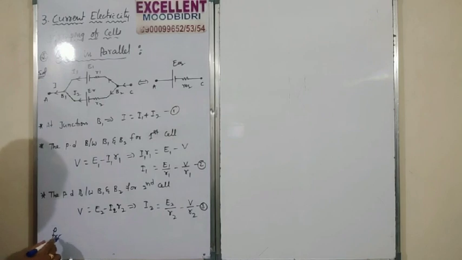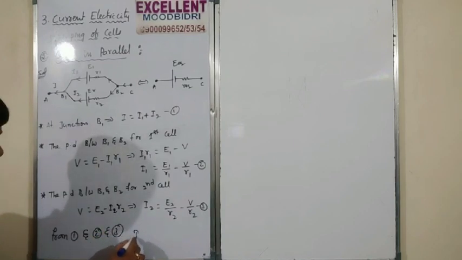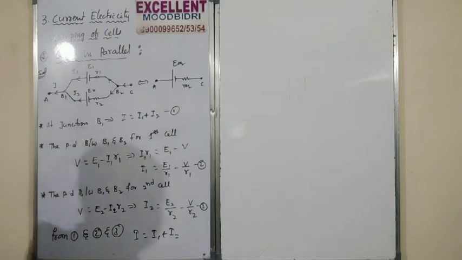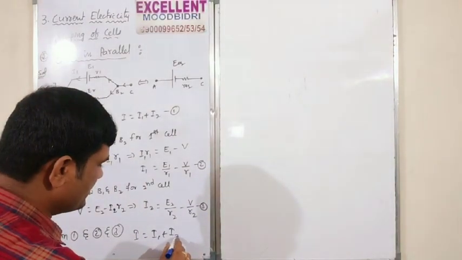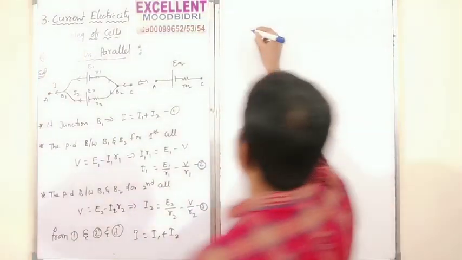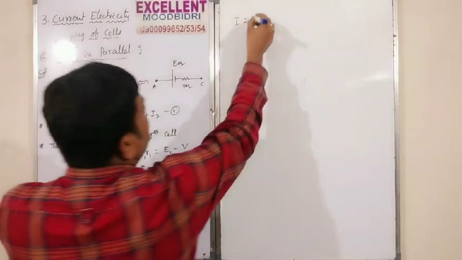So now from 1, 2 and 3, I is equal to I1 plus I2. The I1 value and I2 value you can substitute there only. Then what would happen? We will see. So I is equal to I1 value. What is the I1 value?